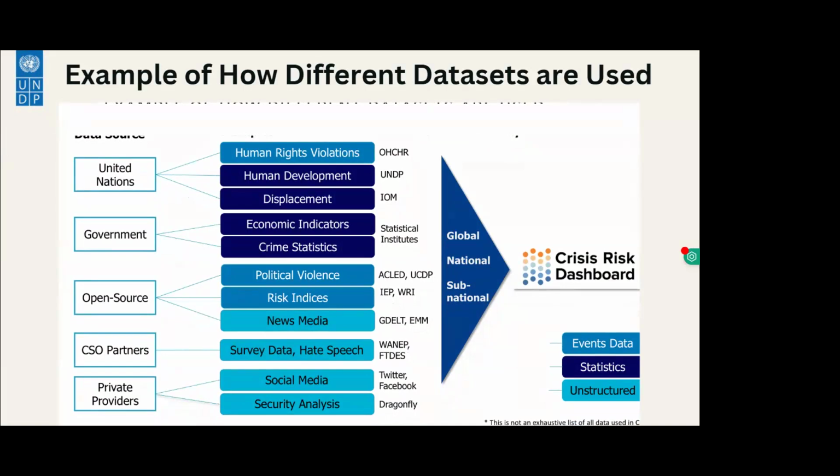We've had dashboards in countries where they partnered with CSOs who provided data, whether on hate speech or political violence, and in some cases private providers like social media and security analysis. This data differs in granularity: some is global, national, or subnational. And all this feeds into a crisis risk dashboard. Again, this is not the full list of the data used in a CRD data warehouse, just an example of how different data sets are used in the CRD.